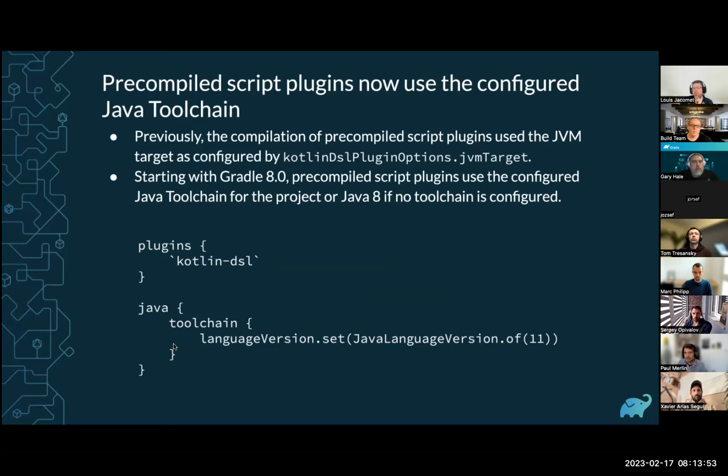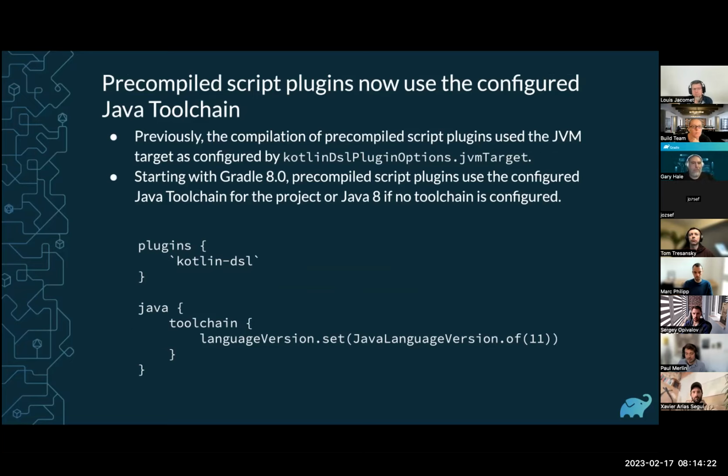And the next one is about precompiled script plugins. So that's the ones that you would ship to the plugin portal, for example, as binary plugins, or that you would have in your build logic, buildSrc, or included build. And those ones in the past were always using Java 8 by default, and you could set them using JVM target to use another Java version.